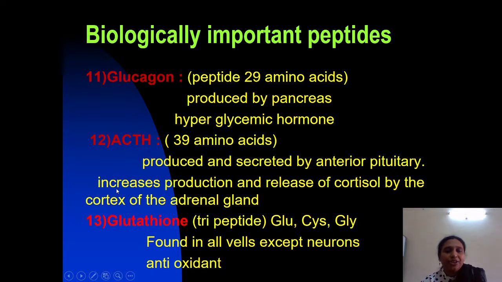And the next one is glutathione. The next biologically important peptide is glutathione. Glutathione is a tripeptide. How many amino acids are there? Tripeptide means it is made up of 3 amino acids. The amino acids which participate in glutathione are glutamate, cysteine and glycine.